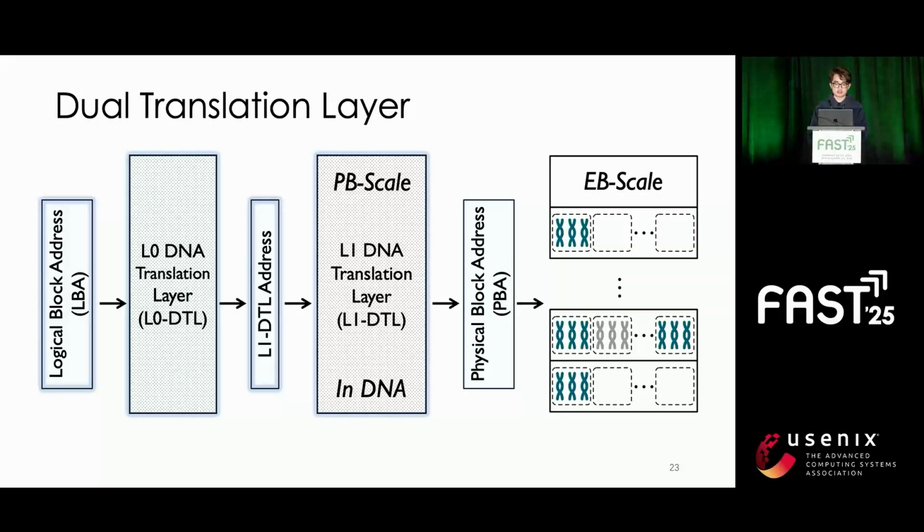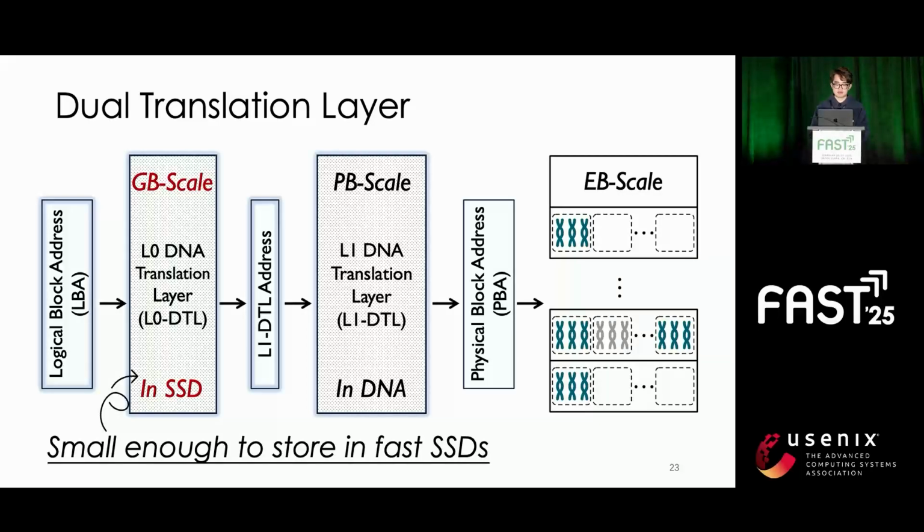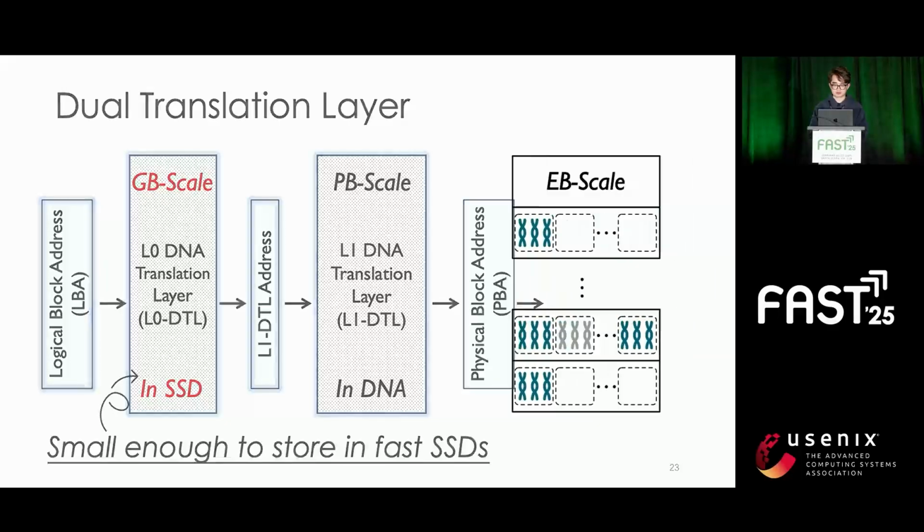The L0 DTL is used to index the address of the L1 DTL entry in DNA, and the L1 DTL entry is used to translate the LBA into PBA. What's more, the L0 DTL is in GB scale, which means it can be stored in fast SSDs, so the updating cost of L0 DTL is negligible.